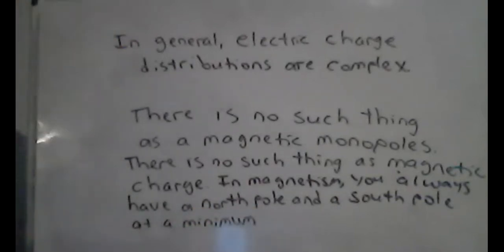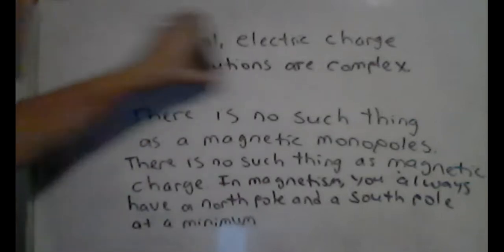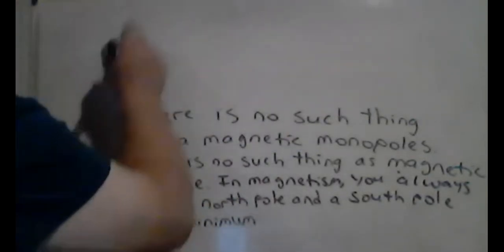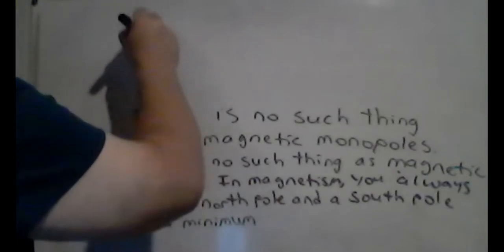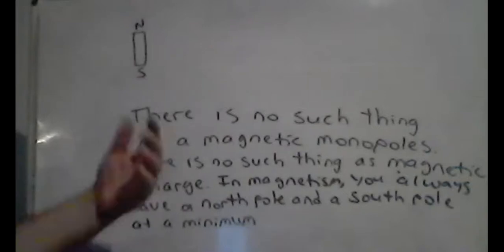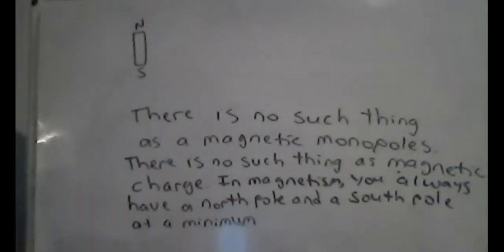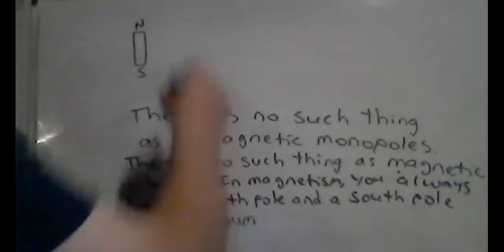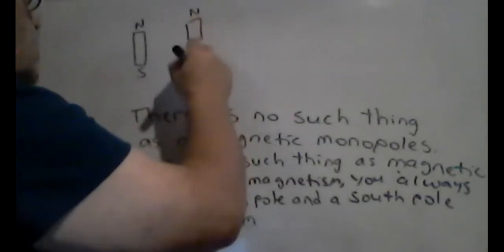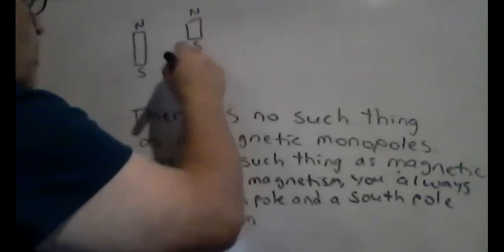If I take a magnet, for instance, again, this kind of appears ahead, but it's a very important concept. Say I have a bar magnet with a North Pole and a South Pole, and I'm intent on separating a North Pole from itself. So I'm going to cut this magnet in half. Well, you cut the magnet in half, and all you've done is create 2 magnets. Each one of them has a North Pole and a South Pole.